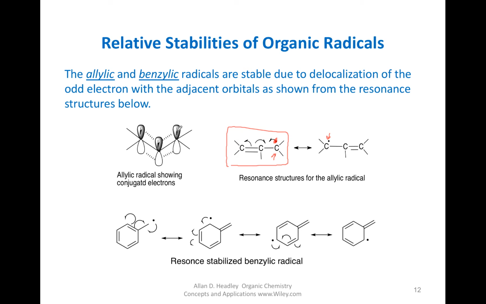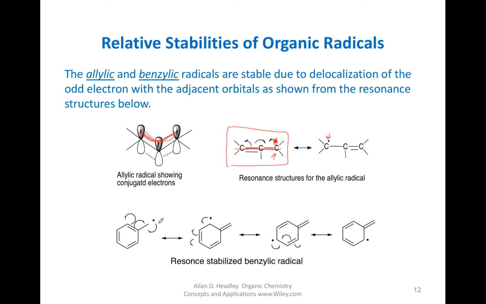So in other words, this odd electron is constantly moving with the adjacent 2 electrons of the double bond. Whenever an electron can delocalize or move across carbons, it presents stability to that radical, or to that intermediate. So the allylic radical is stable because the odd electron here can be delocalized over these 3 atoms. More stability. We'll see later on that is not the case with a secondary radical.